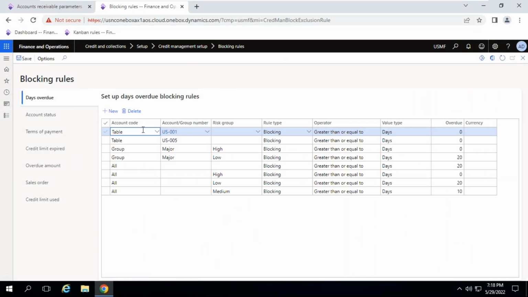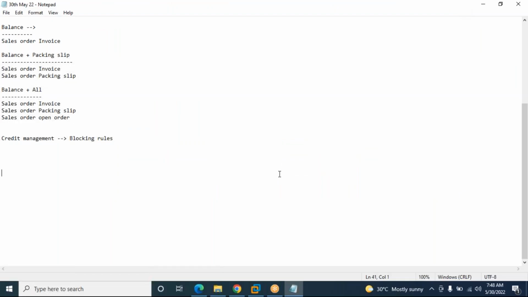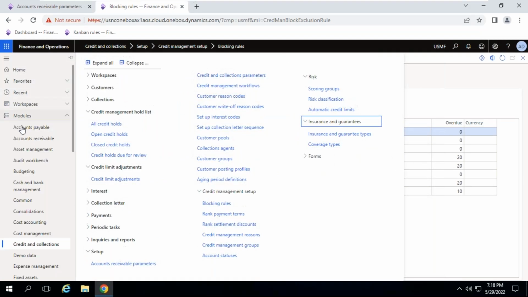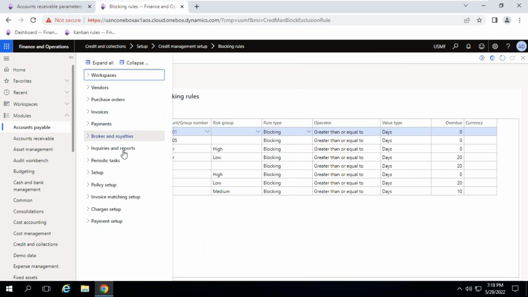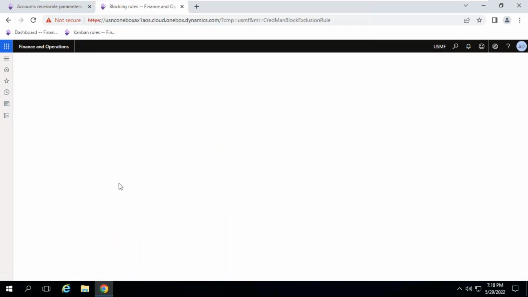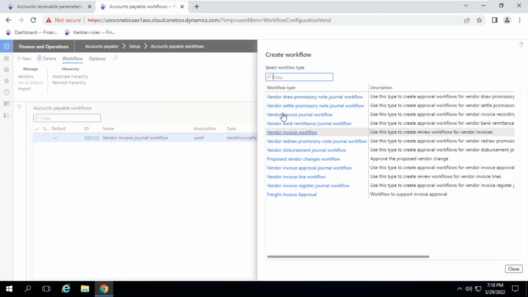So what does this mean? Actually, for any business, I'm just parking this point and showing you something. Suppose you go to the accounts payable module, collapse all, we learned workflows, accounts payable workflows. There are so many workflows.